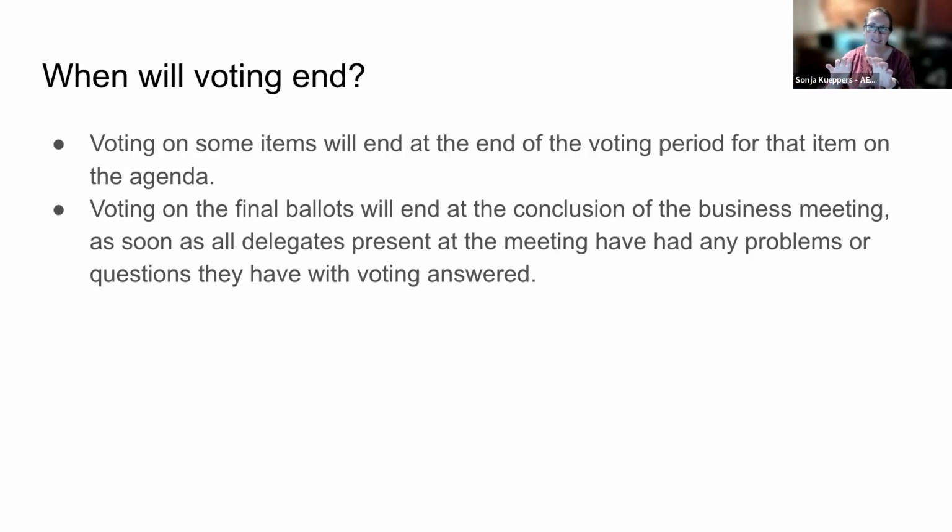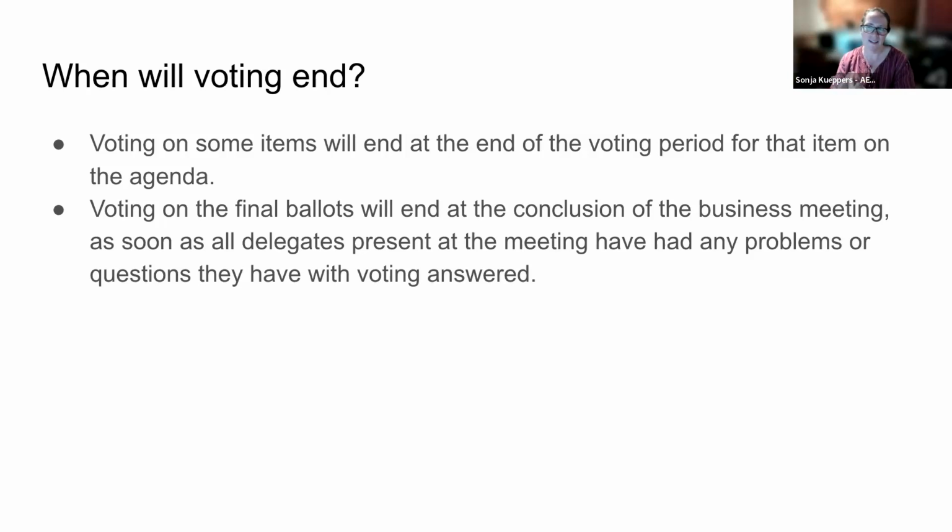That 10-minute period is flexible in that it's possible that if people are having a lot of trouble voting, we might need to extend that time. The goal of that time is to provide time for people to vote. So if people are having technical issues, they will be able to let us know.